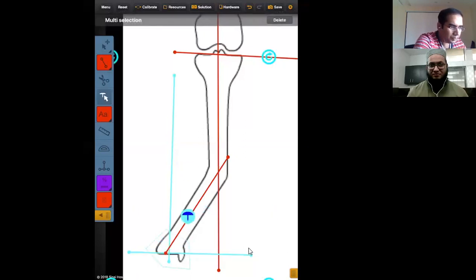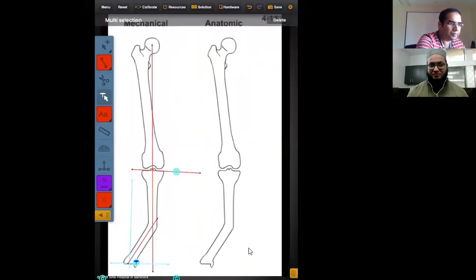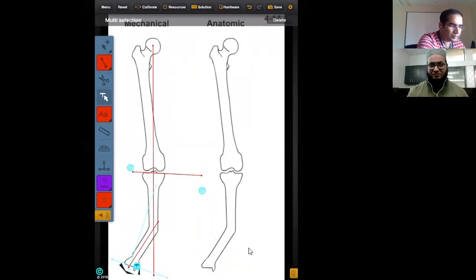Here I'm going to keep my apex over here, and then let us plan an opening wedge rather than a closing wedge.